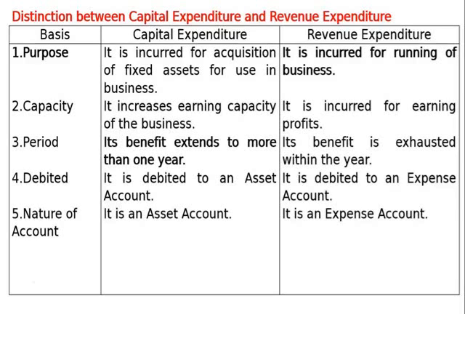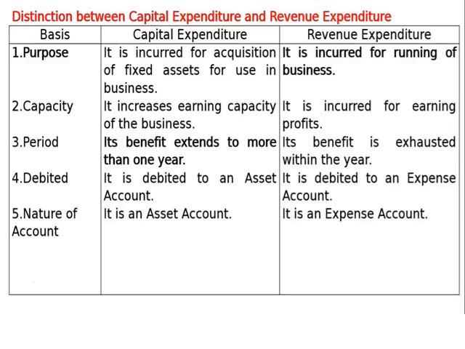Revenue expenditure is incurred for running the business. For running the business we incur some expenses every day. So revenue expenditure is recurring in nature. It happens day to day, and it is helpful in running the business.